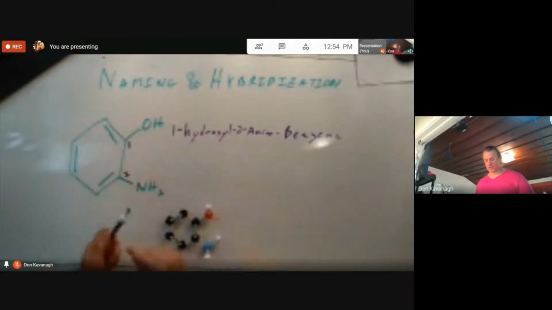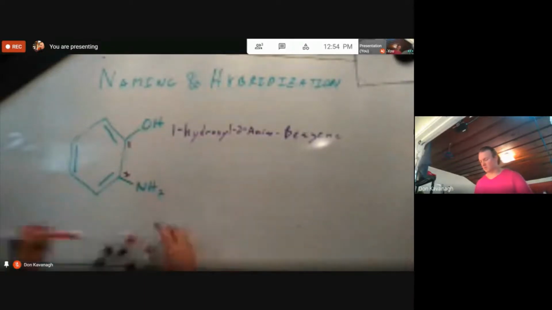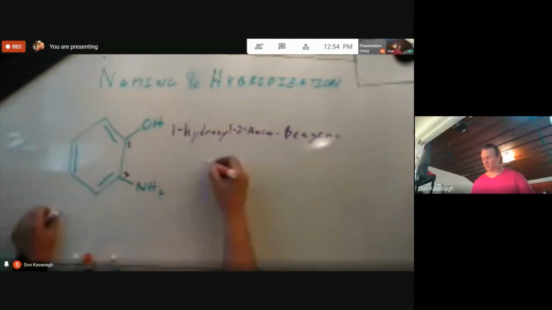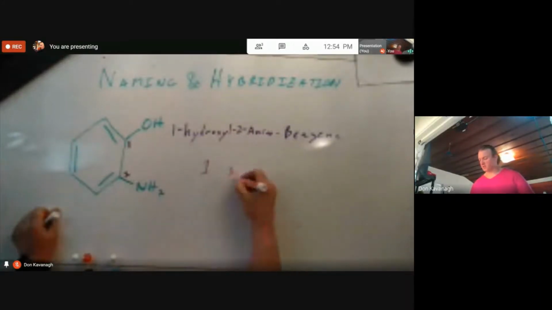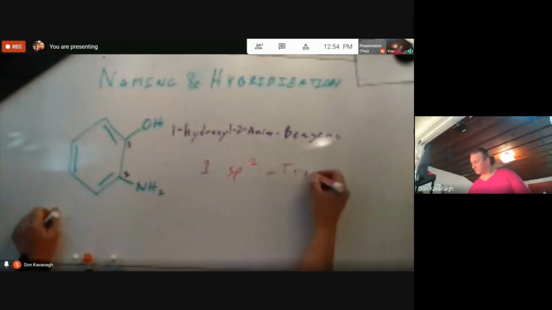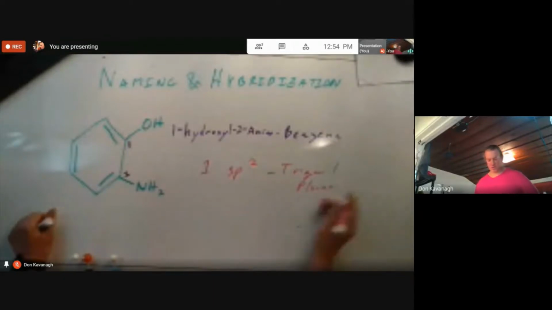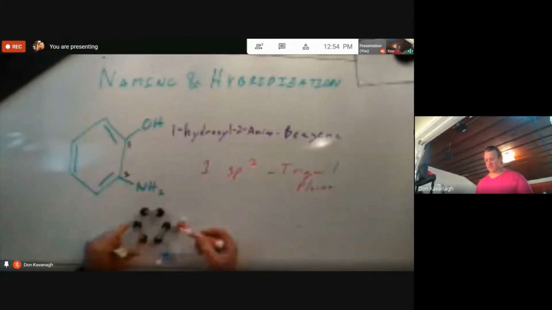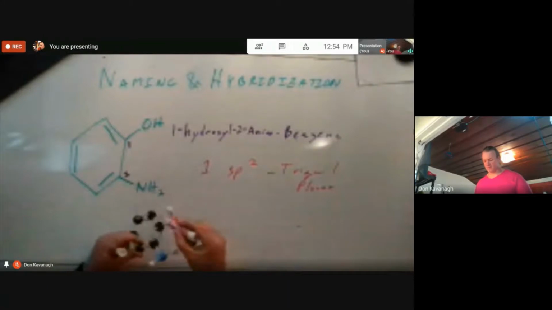The hybridization of these 2 carbons. So the first carbon with the hydroxy on there, it is an sp2 hybridized carbon with a trigonal planar geometry. Now the trigonal planar geometry of this carbon is easy to see from the model.